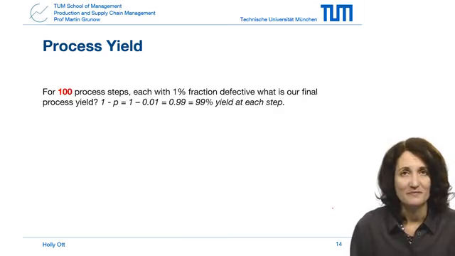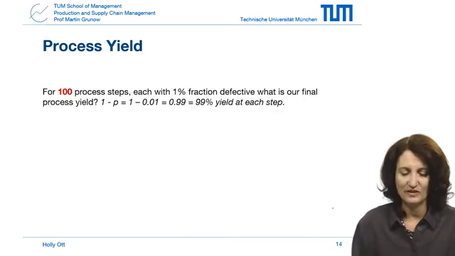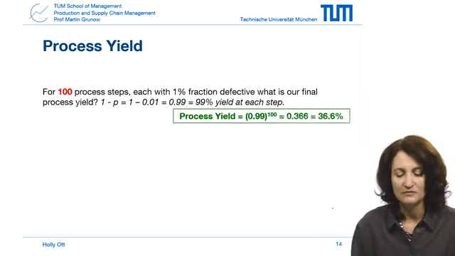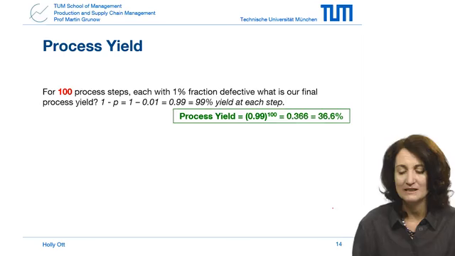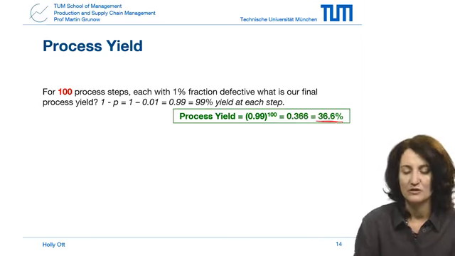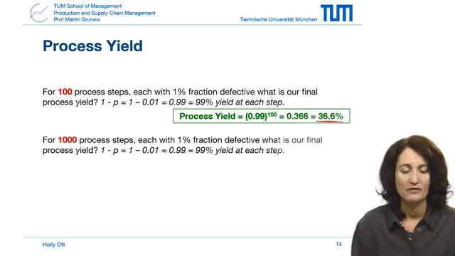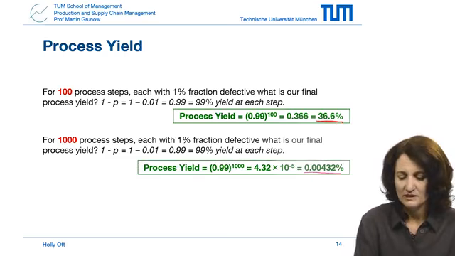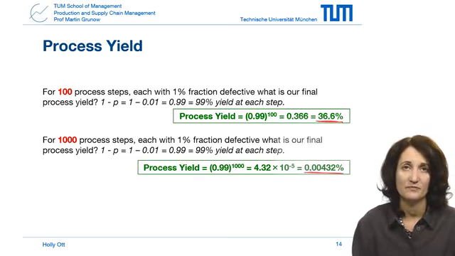For 100 process steps, each with 1% fraction defective, what is your final process yield? So here you have 0.99 to the power of 100, only 36.6% good parts out. For 1,000 process steps, each step with 99% yield, our overall process yield is 0.00432%.